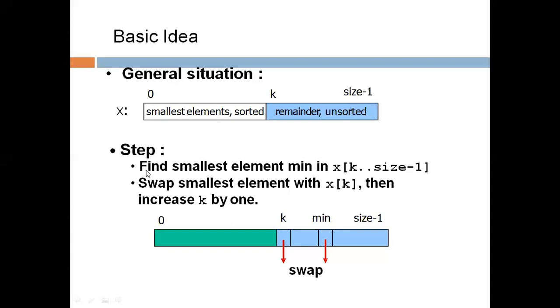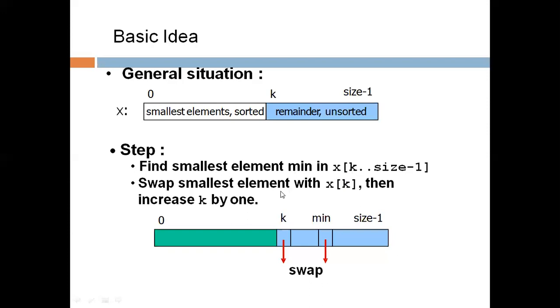So the step is to find the smallest element, that is min, in x[k] to x[size minus 1]. In the first iteration the value of k will be 0. So from this position to this position, we will find the smallest element.